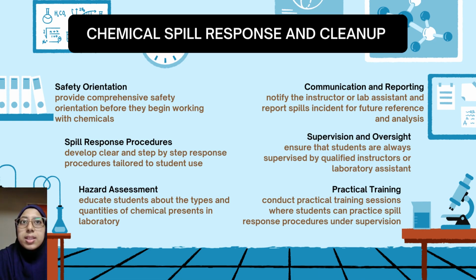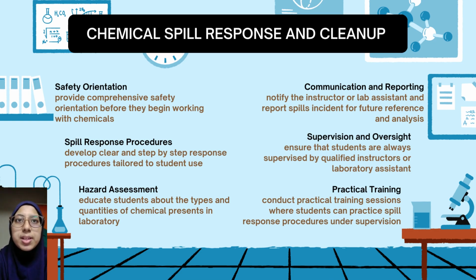If the chemical spill happen, so that the students do not feel they can understand the importance of handling the chemical, and if the chemical spill happens, they do not feel they know the consequence. They don't know the consequence if the mishandling happen, and they will avoid to do any mistake that can lead to chemical spill in the laboratory.